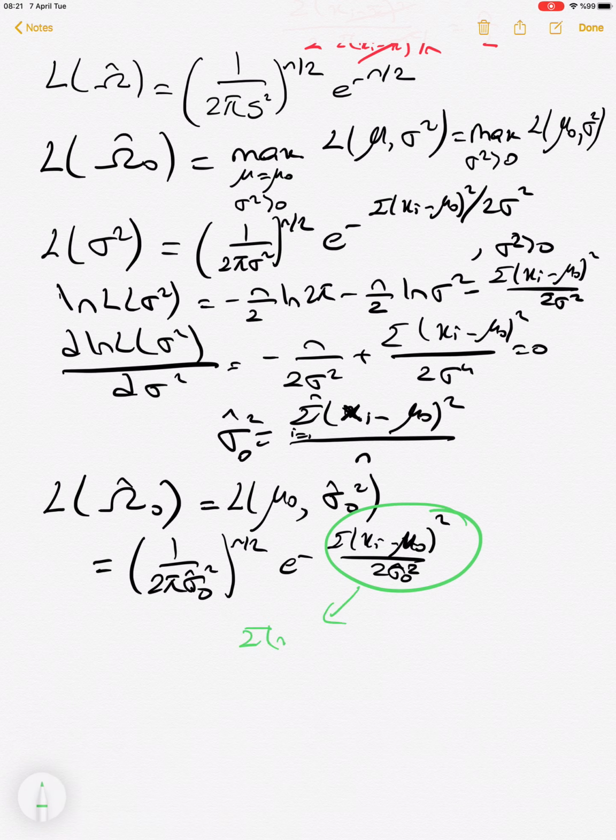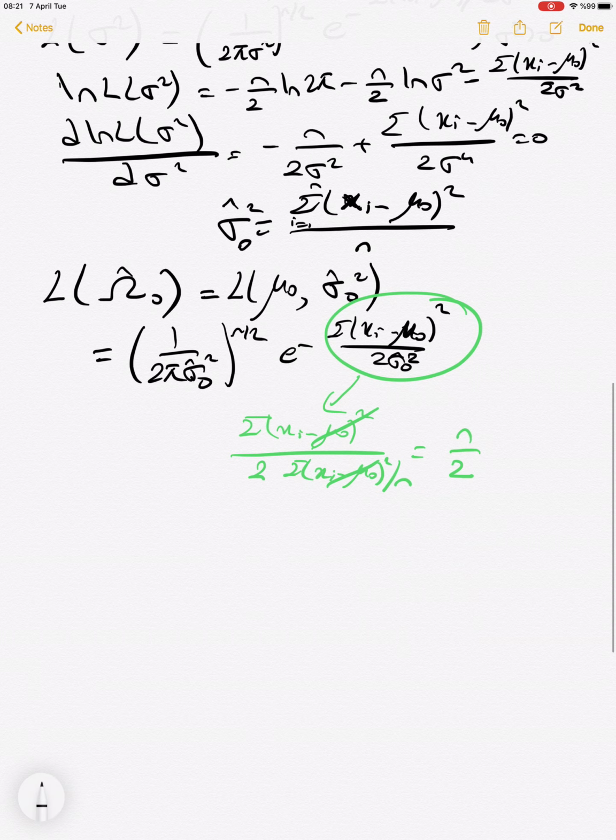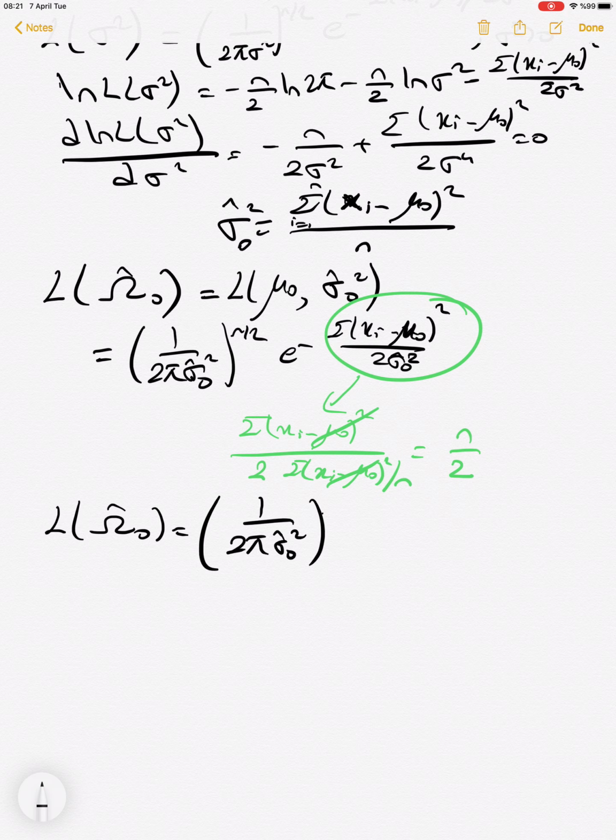We have summation (x_i minus mu 0) whole square divided by 2 times sigma 0 hat square, which is summation (x_i minus mu 0) square over n. Again, these terms cancel out and we have n over 2. So our maximum point will be 1 over (2 pi sigma 0 hat square) to the n over 2, e to the minus n over 2.